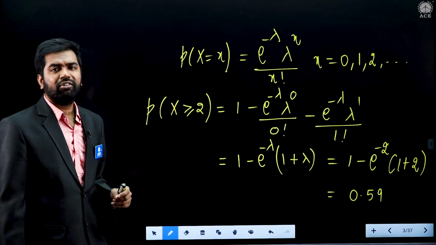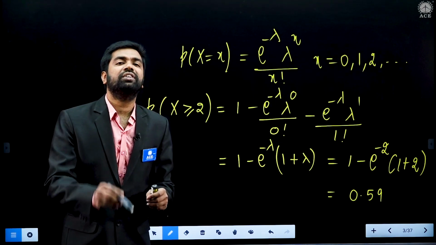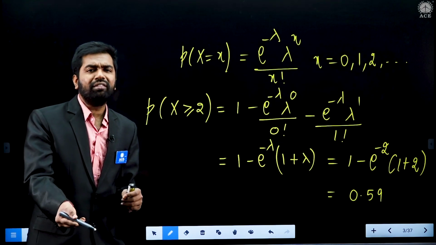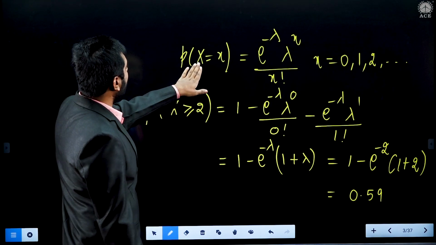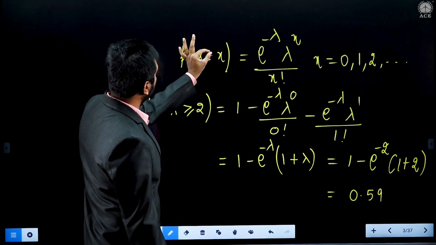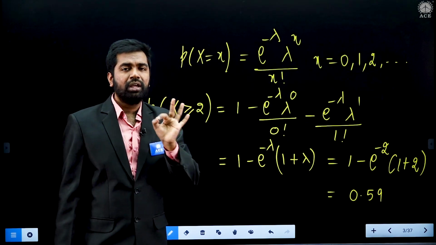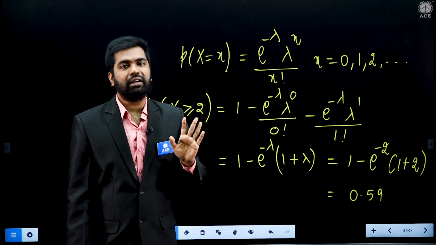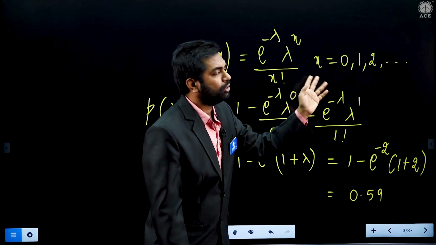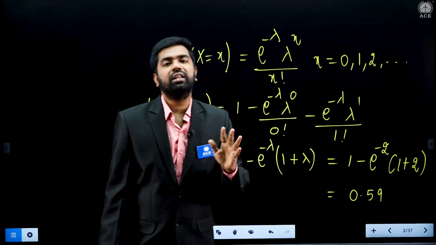So here I have mentioned the probability mass function for you. If you have the mean arrival rate, then the probability that the random variable x takes a particular value called small x is given by e power minus lambda, lambda power x by x factorial, where the possible values of x are 0, 1, 2 and so on.